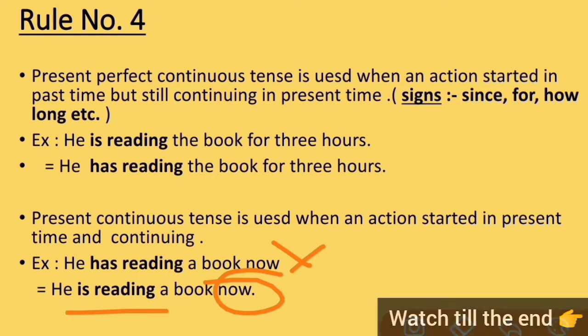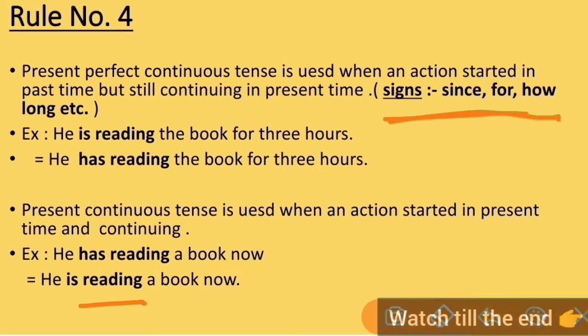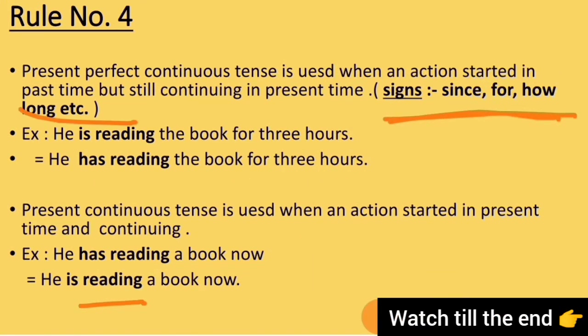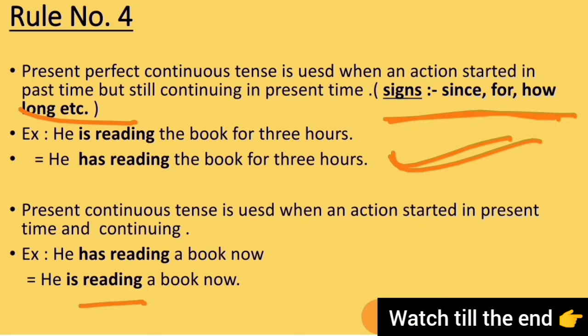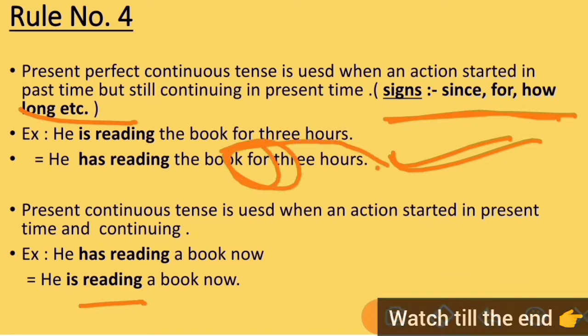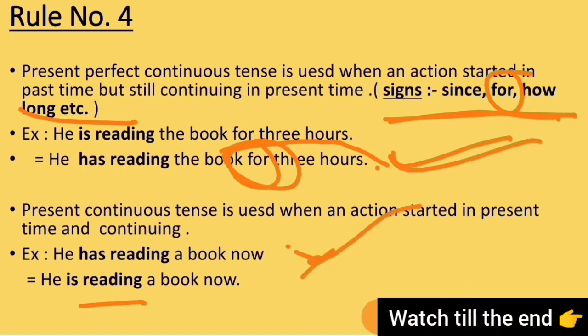And how can you recognize the difference? Here are the signs. If you find these words, then it will be present perfect continuous tense. Here is that "for." Okay, but in the second sentence, it is not.